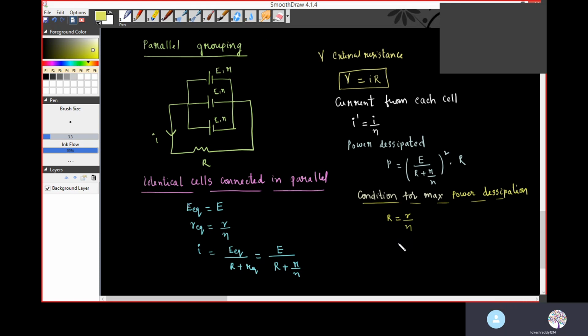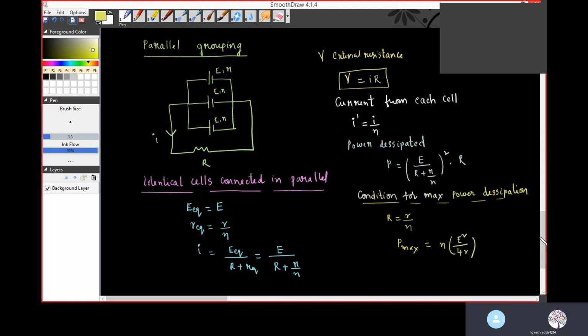So the maximum power is equal to n into E square by 4r. This is for identical cells when they are connected in parallel.